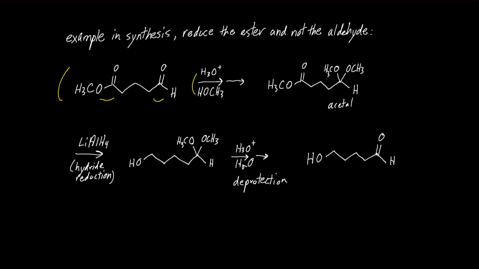Acidic conditions in methanol, same steps as we did above. Now it's protected as an acetal. We do the hydride reduction with lithium aluminum hydride. That's actually going to add H minus twice, the equivalent of H minus, right?